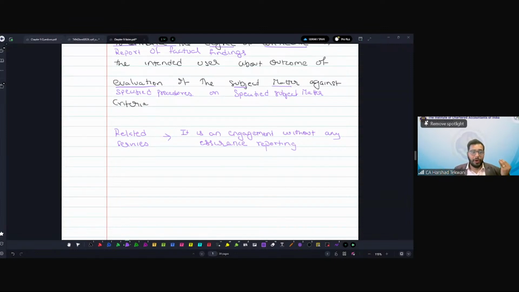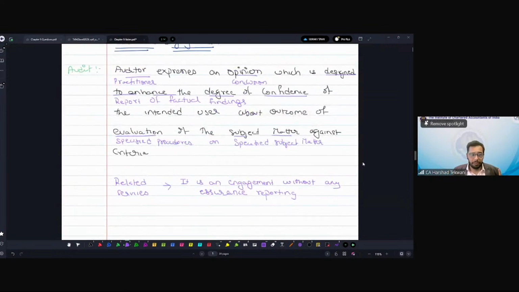There can be related services or agreed upon procedures on non-financial information. So an agreed upon procedure is a kind of procedure which can be of audit nature, or of any other nature. But at the end, you are only reporting factual findings.